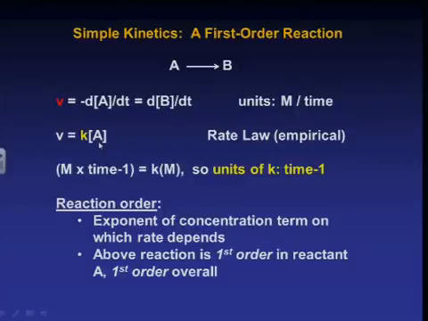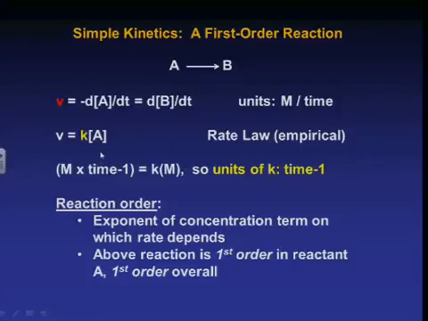If the rate constant is being multiplied times the concentration of A, the units for A is what? Molarity. So then the first order rate constant has to have the units of per time, per second, right? So a rate constant for a first order reaction would be some number per second.